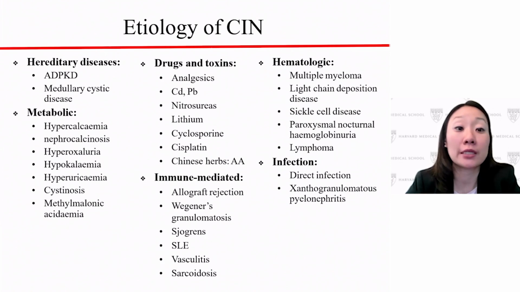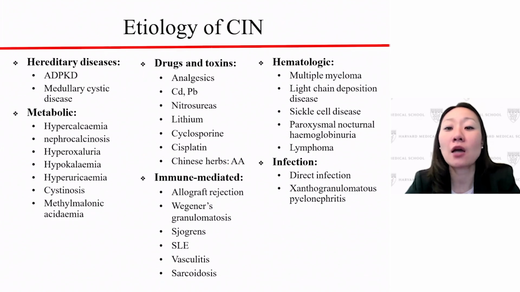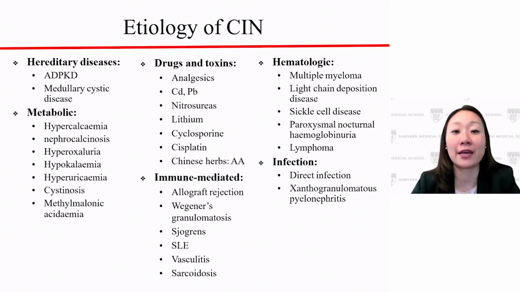So here we see hereditary diseases that can lead to chronic interstitial nephritis, including polycystic kidney disease and medullary cystic disease, metabolic etiologies, drugs and toxins, immune-mediated systemic diseases, including sarcoidosis, lupus, Sjogren's, Wegener's granulomatosis, hematologic etiologies, such as multiple myeloma, light chain deposition disease, sickle cell disease, paroxysmal nocturnal hemoglobinuria, lymphoma, as well as systemic infections.